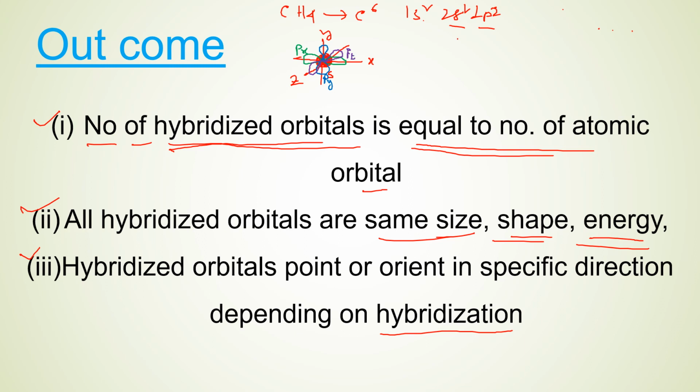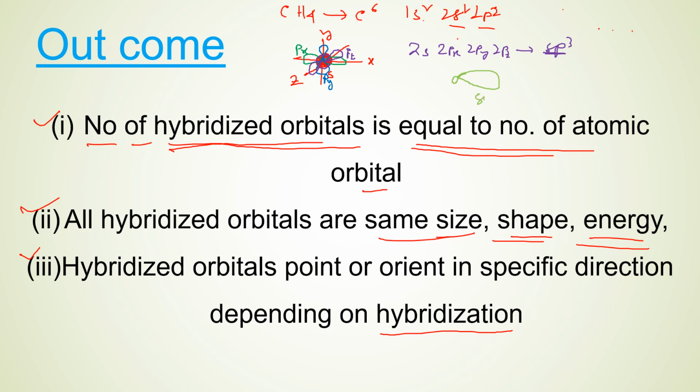If these four orbitals, 2s, 2px, 2py, and 2pz, mix, they produce sp3 orbitals. Each of the s and p will mix together and produce an orbital with a shape like this.